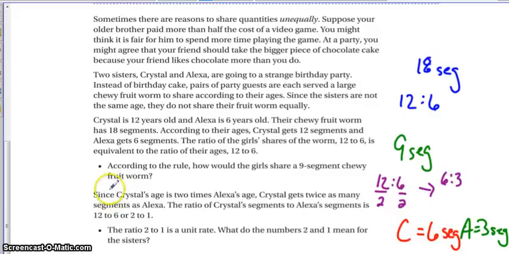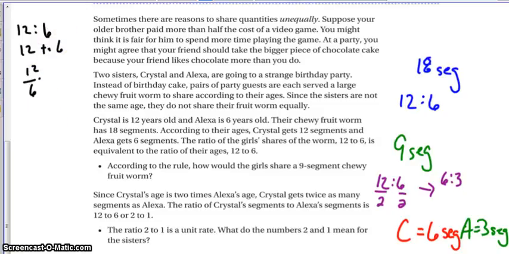So let's move on. Since Crystal's age is 2 times Alexa's age, Crystal gets twice as many segments as Alexa. The ratio of Crystal's segments to Alexa's segments is 12 to 6 or 2 to 1, which means if we reduce their ratio, 12 to 6, or even as a fraction 12 to 6, down all the way, 6 is a common factor for both 6 and 12.